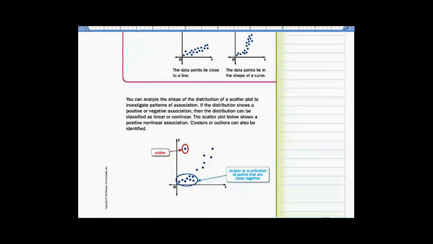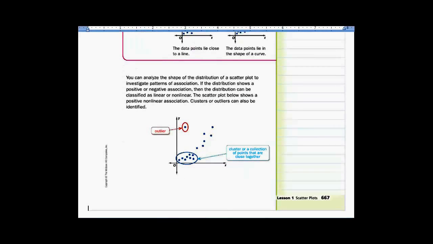Okay. As you analyze the graphs, you can not only tell me is this linear, is it nonlinear, but you can also get other things from it. You can have outliers, which basically means it's kind of like the person who is not with a group.